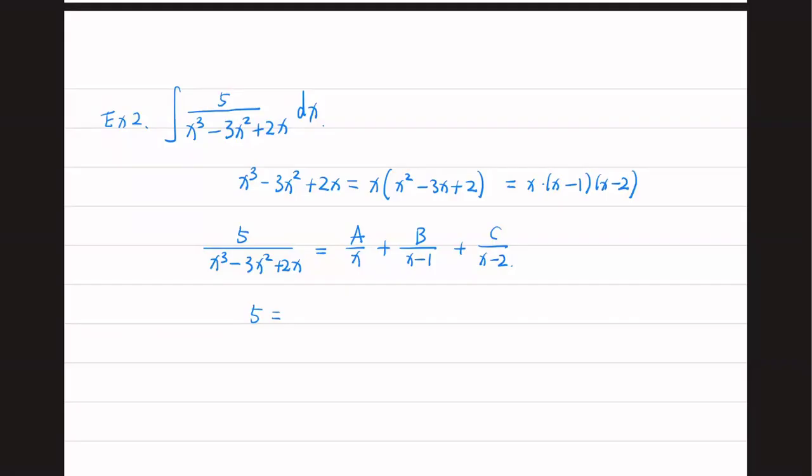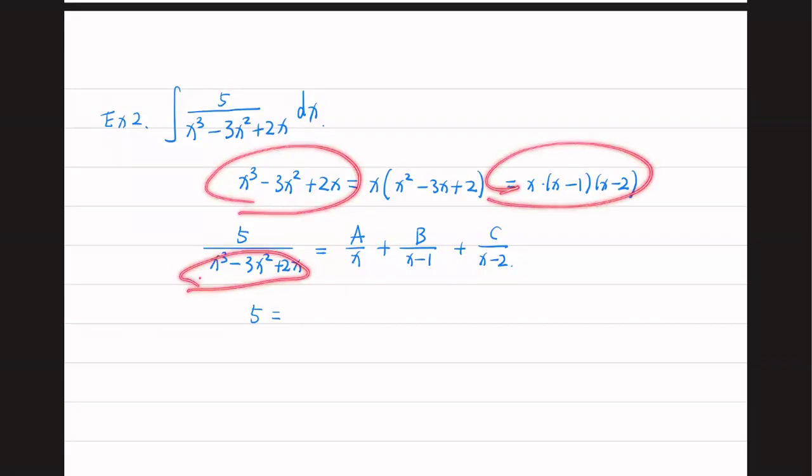Okay, so we get rid of the denominator, we multiply both sides by this. A over x multiply this, we cancel x, copy the rest.